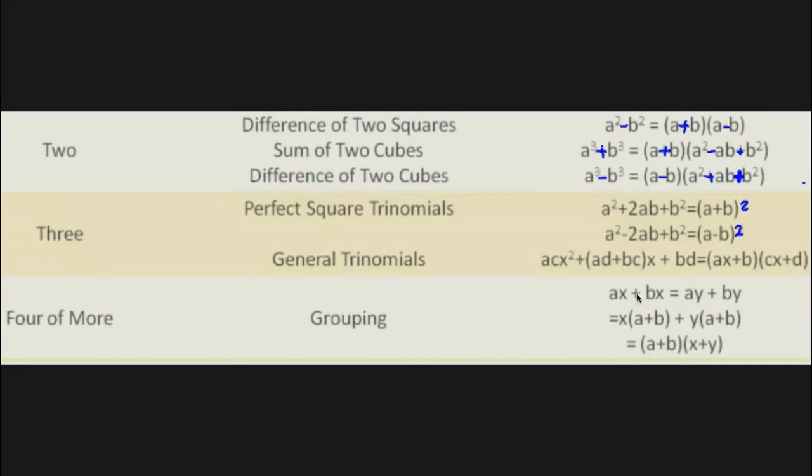So you group the first 2, you group the last 2, you find the factors between them. So you have ax plus bx plus ay plus by. You group the first 2, you group the last 2, and you find their GCF. As we work through our problems today, those are the techniques we're going to be looking for to help us factor.